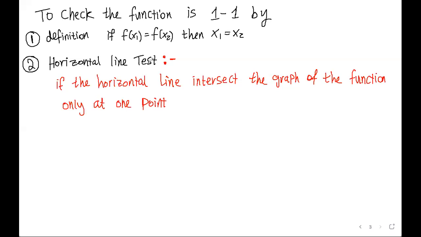So the horizontal line test, if I have a graph, I can check if the graph is a one-to-one function or not, by drawing a horizontal line and checking if this horizontal line intersects the graph only at one point. If it's at one point, the graph is a one-to-one function. If it's more than 1 point, it will be not a one-to-one function.